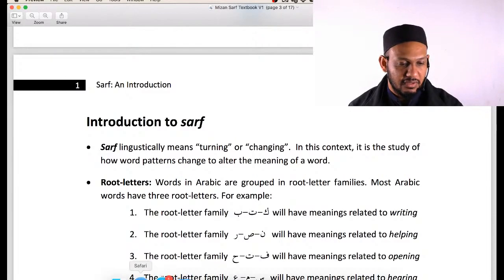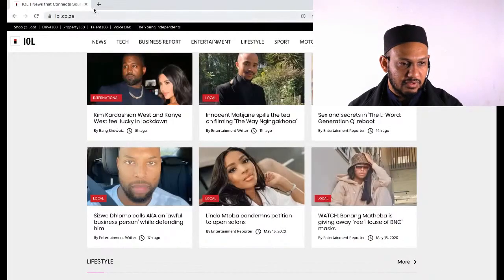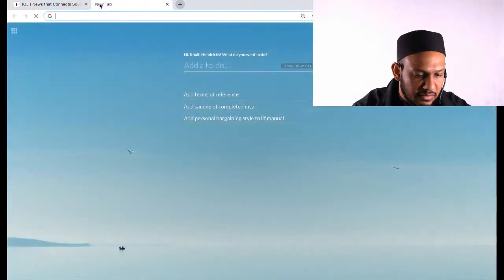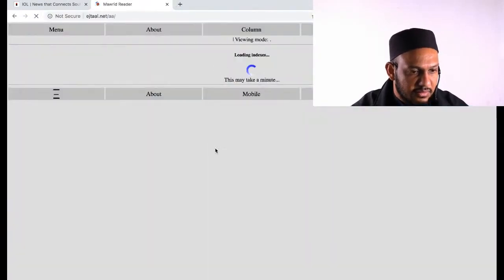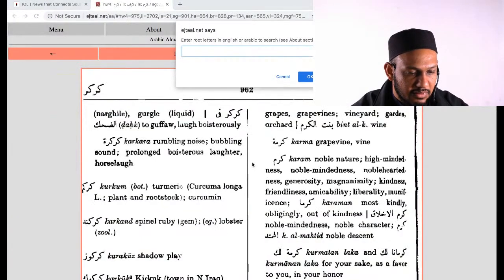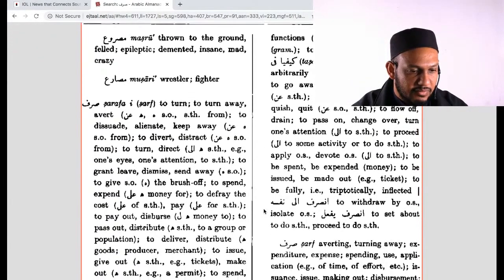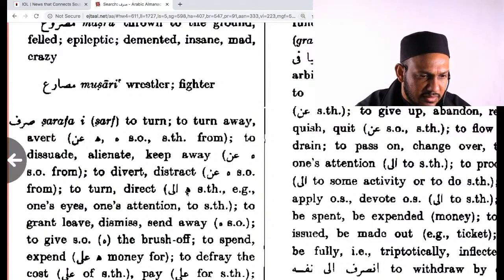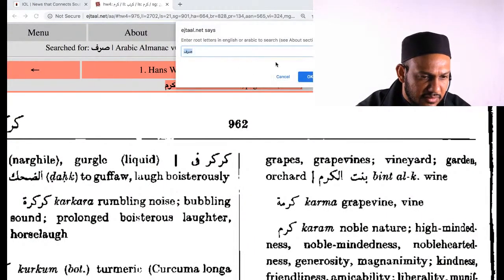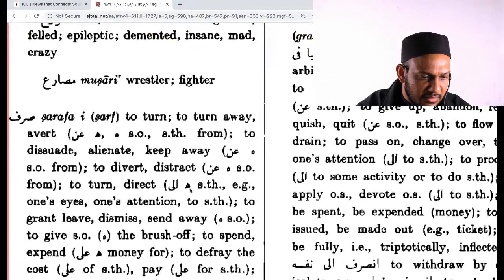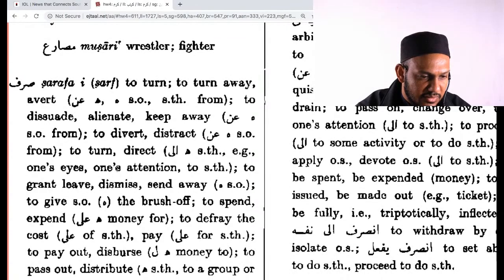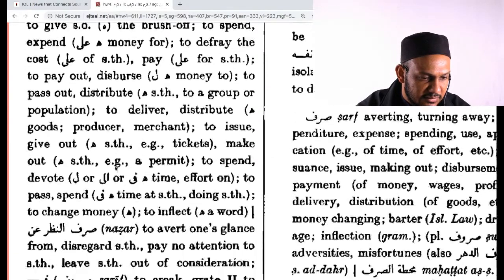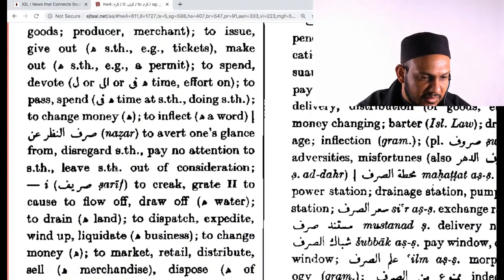In fact, let's go to the dictionary quickly, and we look up the word sarafa. We will find that the word sarf here means to turn away, to avert, to alienate, keep away, to turn, direct, and many other meanings.